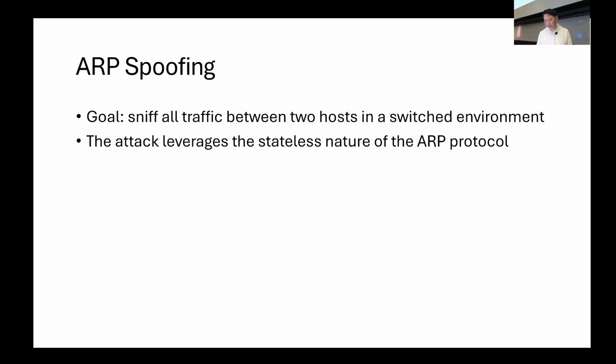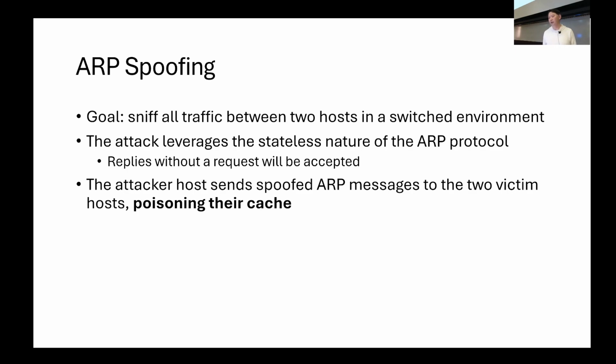Okay, so this attack exploits the stateless nature of the ARP protocol. The ARP cache table can be saved in a local server or in some specific switch device. But in this small local network, most of the OSes, most of the hosts, maintain their own ARP cache tables, as I showed.